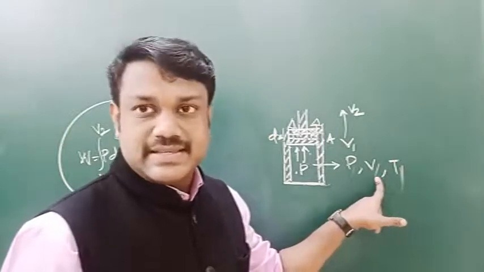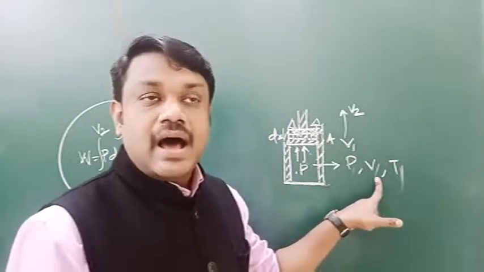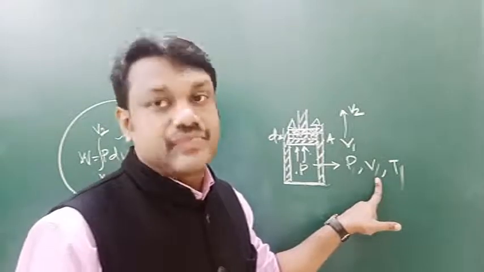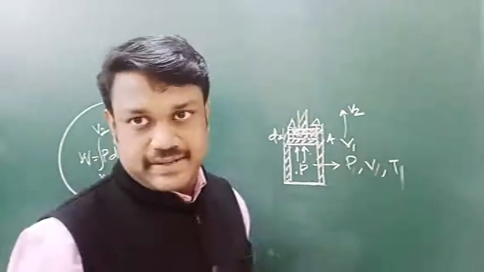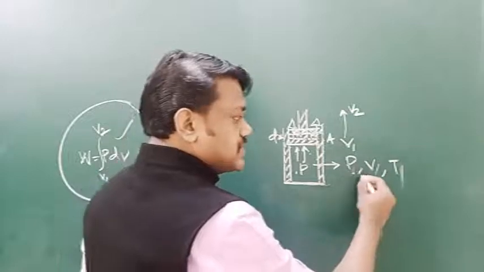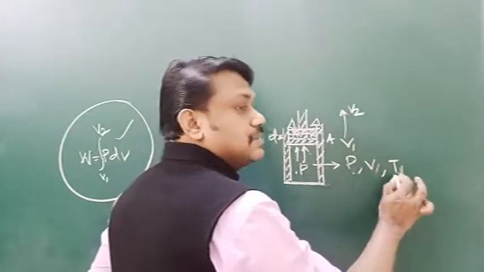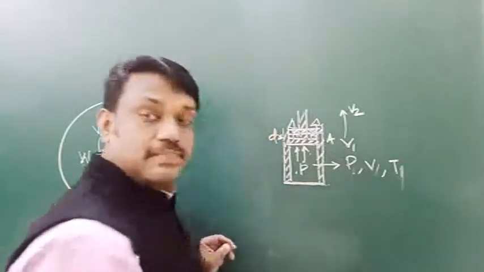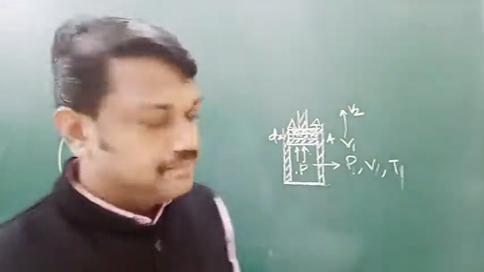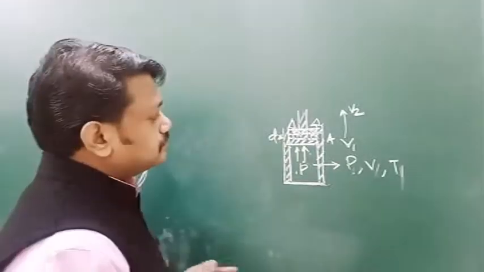If any one of them changes, another one is also changing with that, keeping the third one constant. If pressure remains constant, volume and temperature will vary. If volume remains constant, pressure and temperature will vary. If the temperature remains constant, pressure and volume will vary.